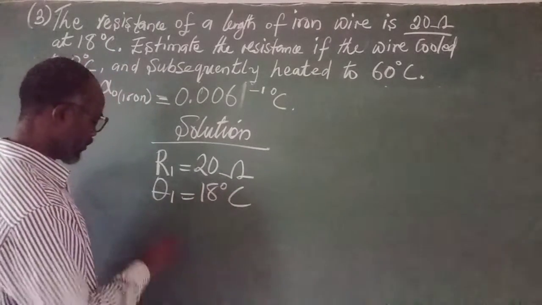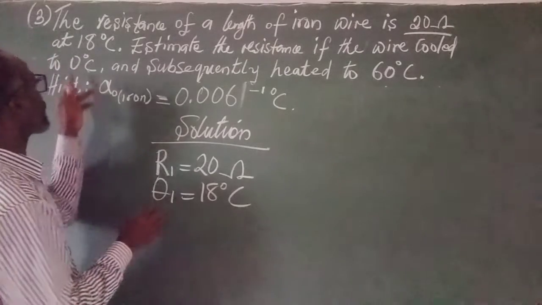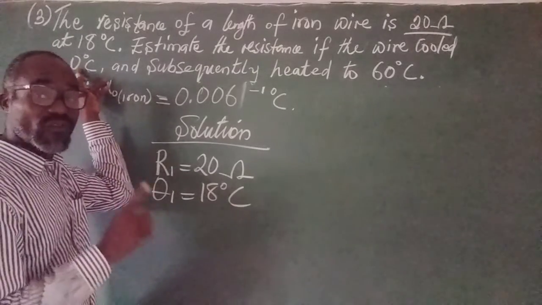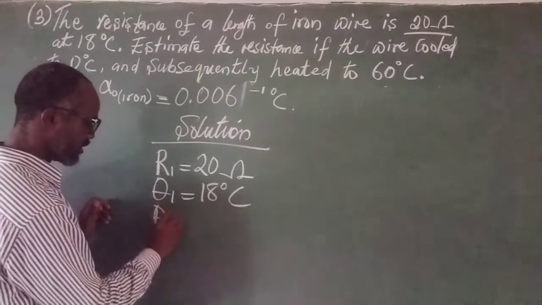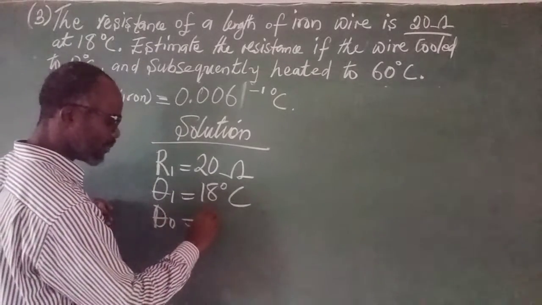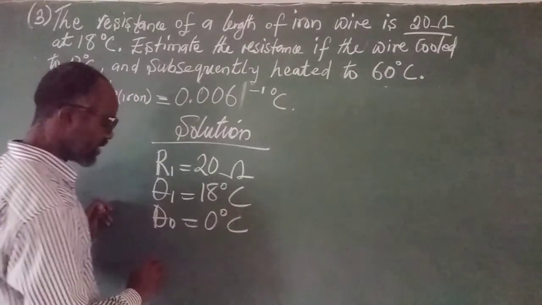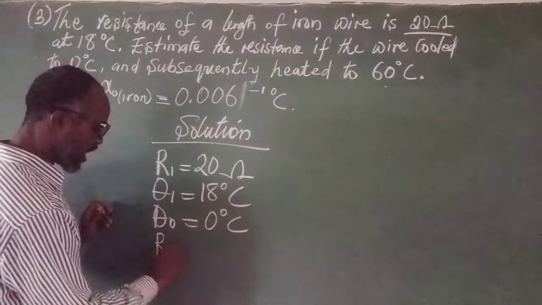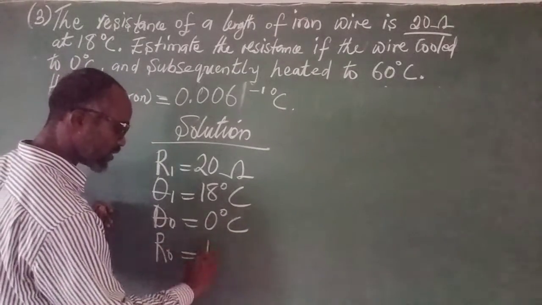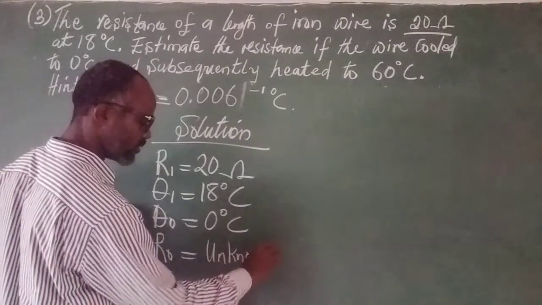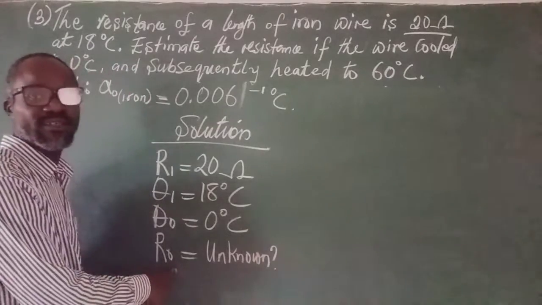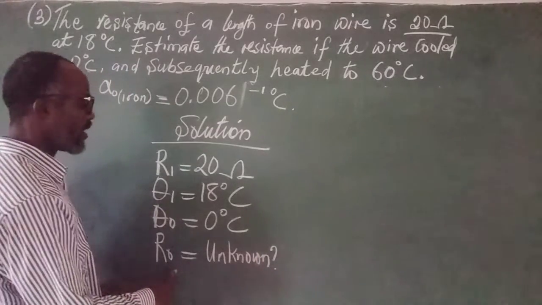So when the temperature of the iron wire is 0, that is theta naught, the temperature is 0 degrees Celsius. Therefore, the resistance of the iron wire at this point is unknown. So we need to find this.